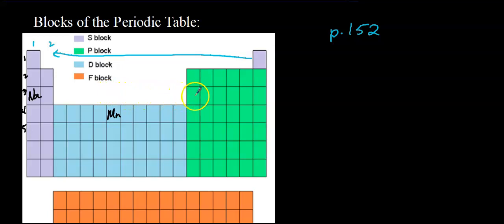Still in the third row, 3p6, all the way through. 4s2. Be careful, remember the D's are one behind the row number we're in. So though we're in the fourth row here, it goes 4s, 3d, 1, 2, 3, 4, 5. Let me read that again: 1s2, 2s2, 2p6, 3s2, 3p6, 4s2, 3d5.